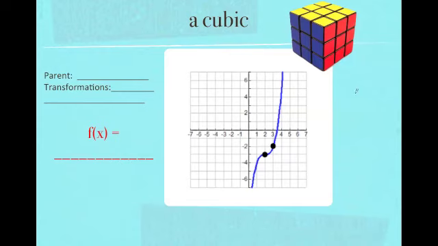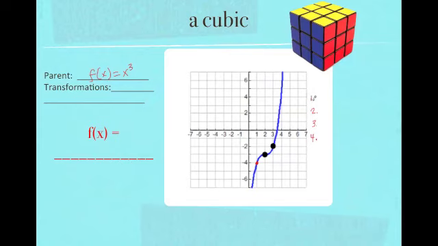Okay, so in this one we're looking at the cubic, and I'm going to add this other point. I think it helps. This is a cubic, so our parent function is f of x equals x cubed. The transformations that we're considering are our 4 things we have to look for.